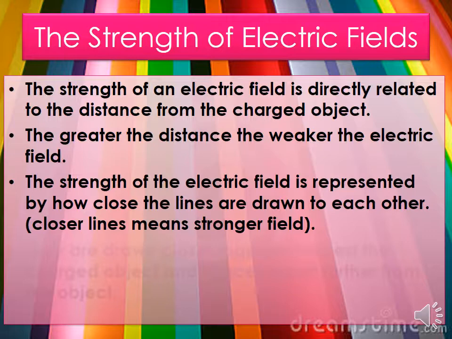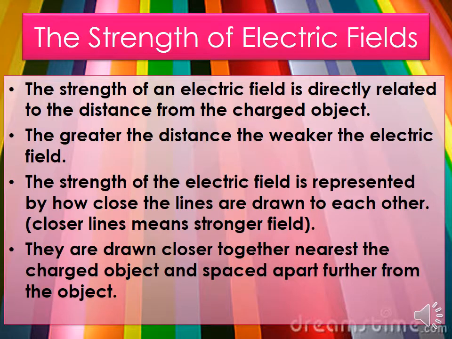As the lines move away from the center of the charged object, they tend to spread out, and that demonstrates that as you move further away from a charged object, its electric field gets weaker. The lines are drawn closer together nearest the charged object, and spaced further apart away from the charged object.